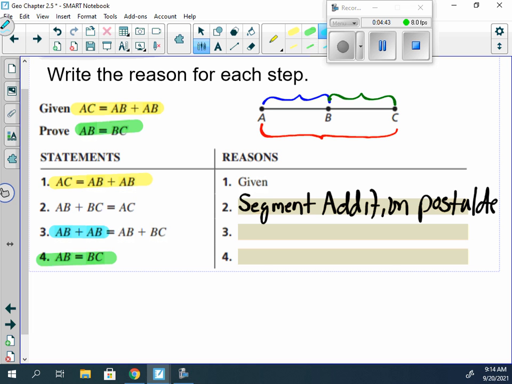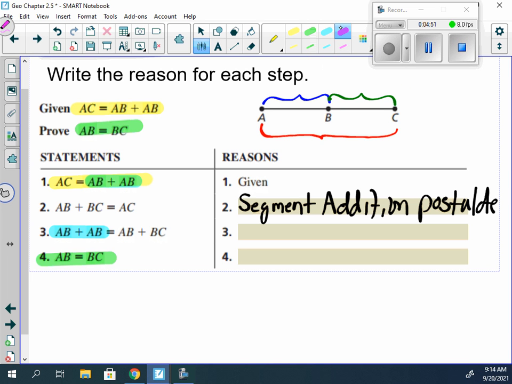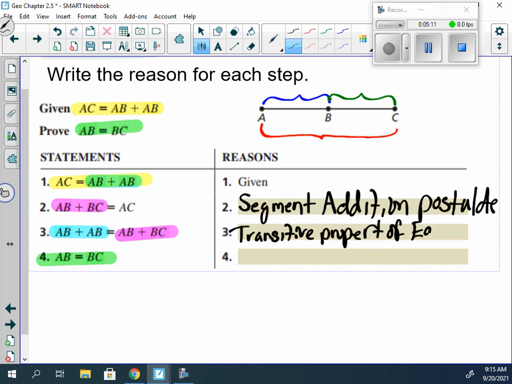So AB plus AB, well, that we do have up here. And we also have that AB plus BC. Well, that's right there, yes? This here is our property of equality.